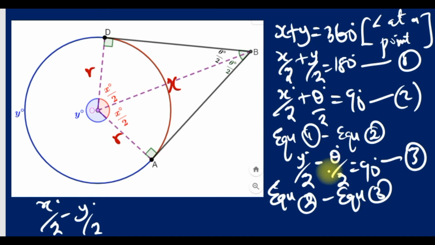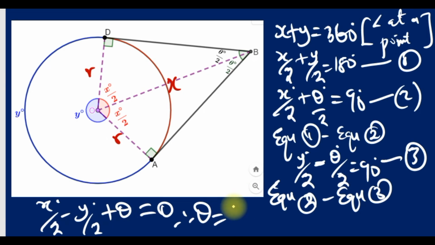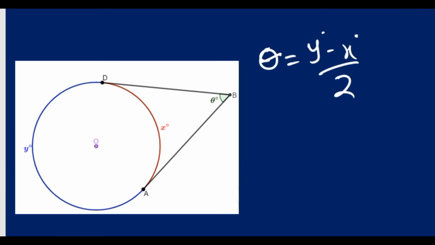And theta over 2 minus negative theta over 2 is plus theta. And 90 minus 90 is 0. Therefore, making theta the subject of the formula, we have y over 2 minus x over 2, which is the same thing I've said here: y minus x over 2.